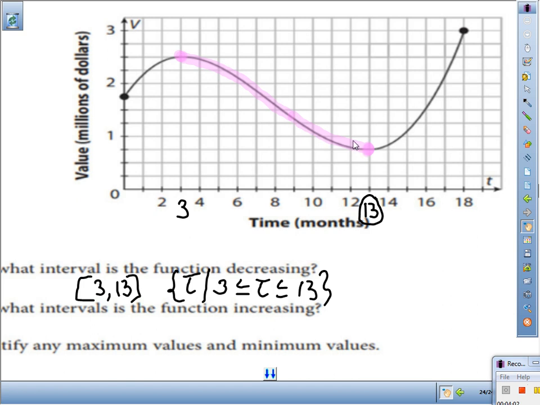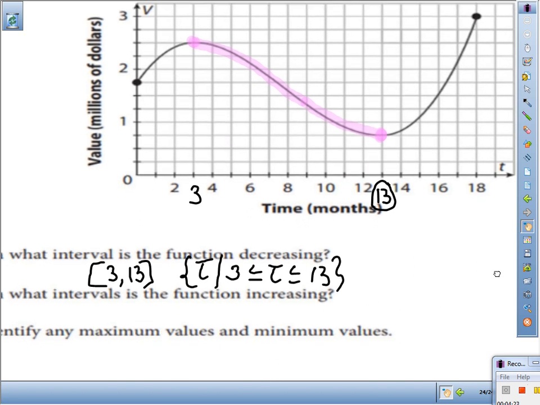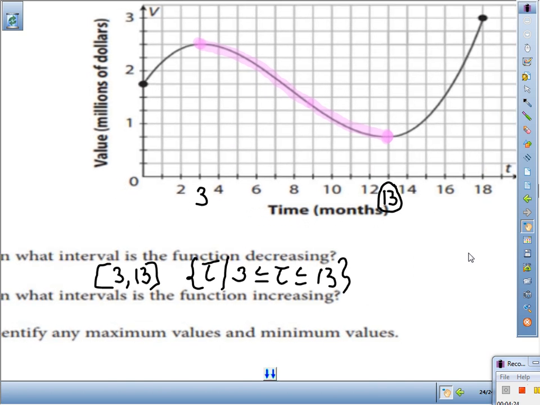If this is where it decreases, tell your neighbor the sections that it increases first. And then give them the x values or the t values. Once you have it, I want you to write it in interval notation and set notation, please, for both.